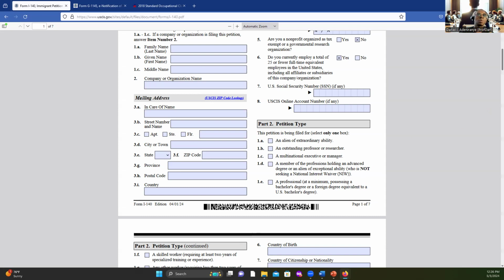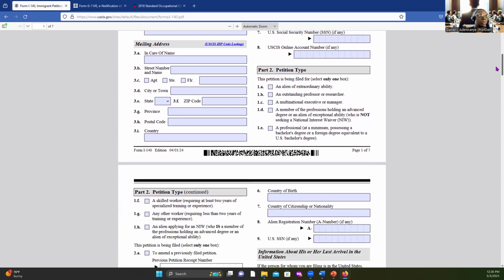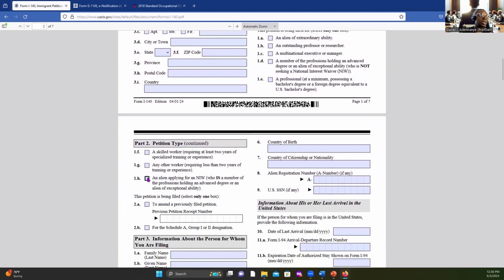And so the proper thing you should fill for this Part 2 is 1H, which says an alien applying for a national interest waiver who is a member of the professions holding an advanced degree or an alien of exceptional ability. Take note, it should be 1H and not 1E, as someone selected this, and the application was rejected.